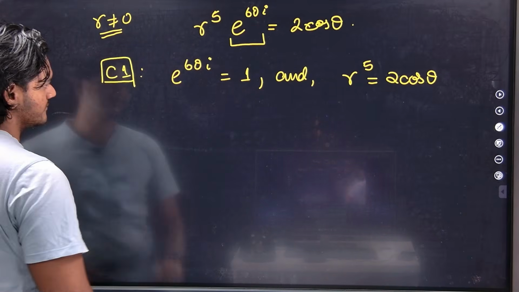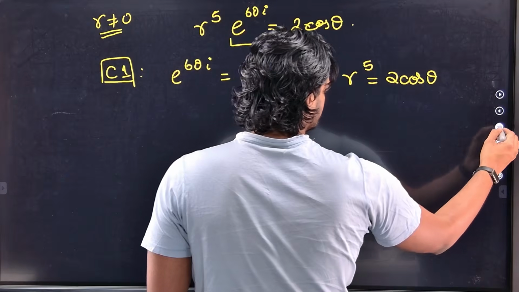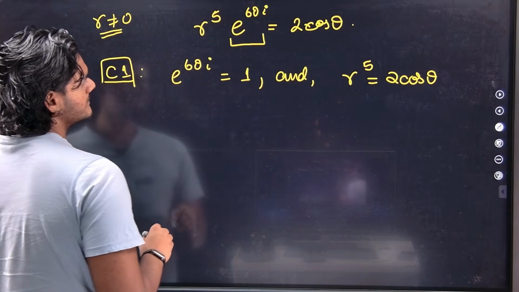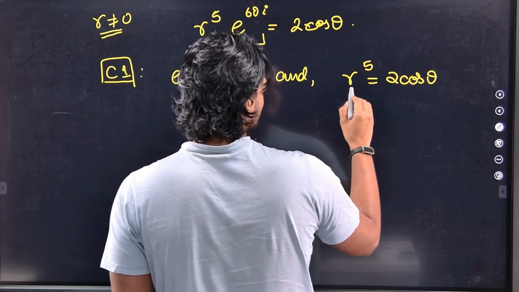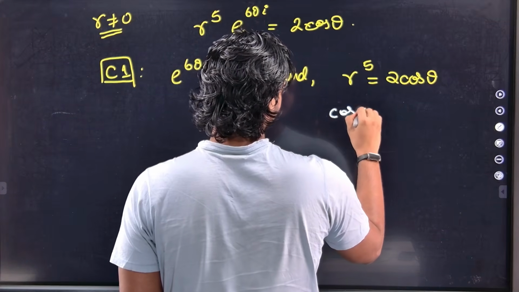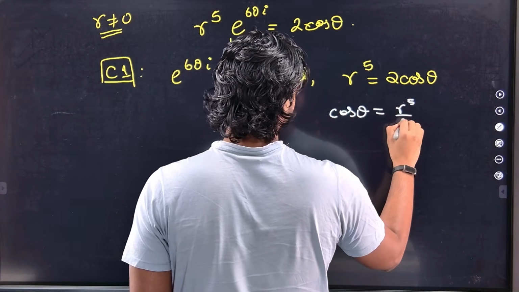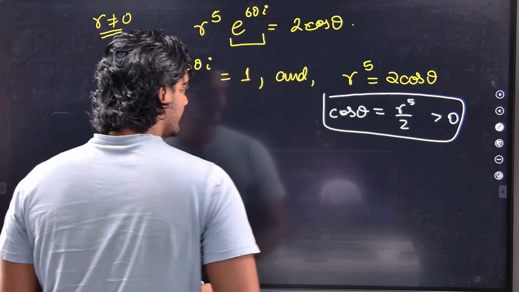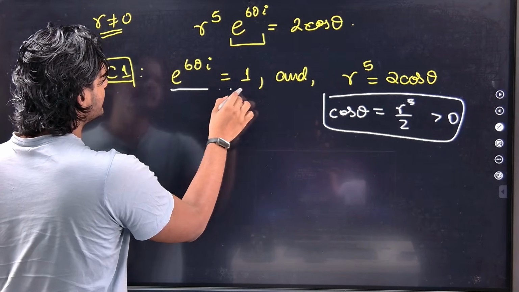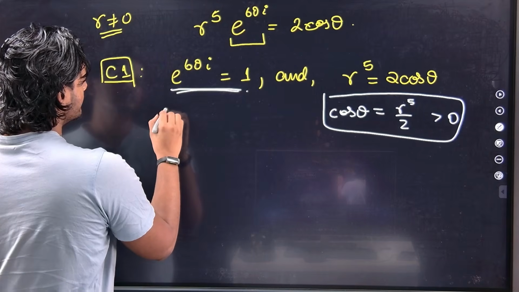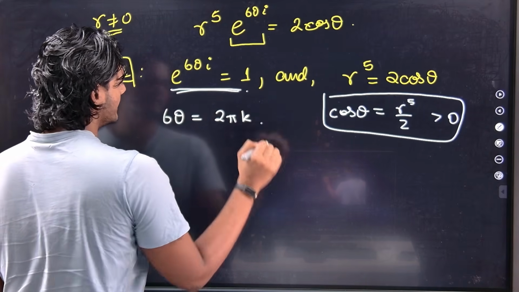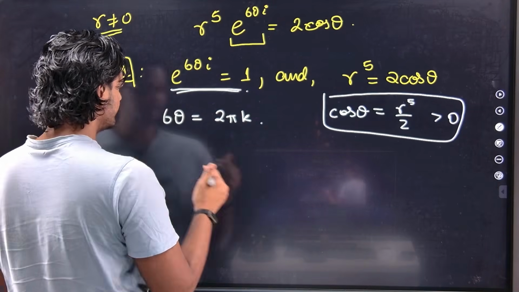So how do we solve case 1? First of all, here we have cos theta is equal to r power 5 by 2, which is positive. So cos theta is positive. And what are the possible values of theta here? We know that 6 theta will be of the form 2 pi k. Only then is it possible.